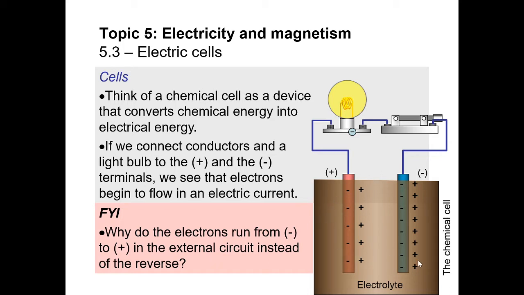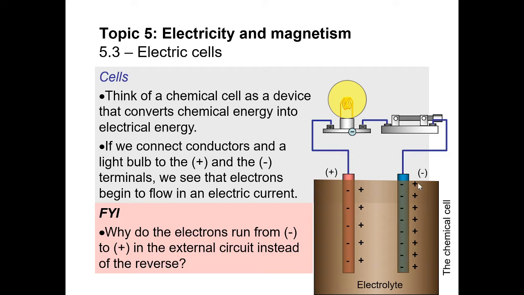We will talk about why it's moving from the positive to negative side inside the cell in a couple slides. But for now, let's just focus on the outside, external to the cell. The question here is, why do the electrons run from the negative to the positive in the external circuit instead of the reverse? So we did address this a little bit in section 5.2.